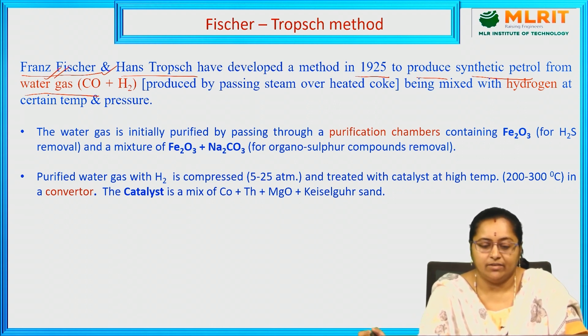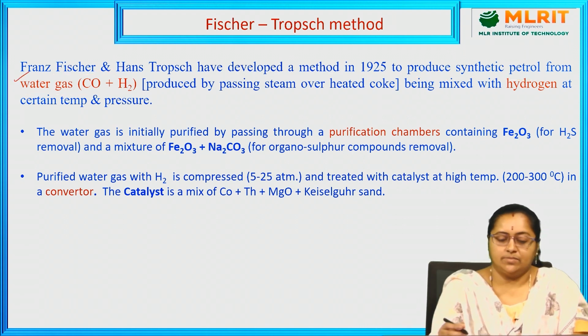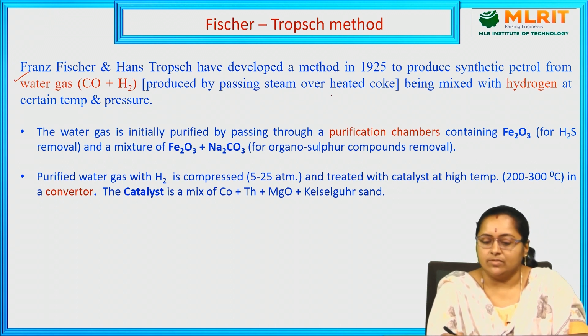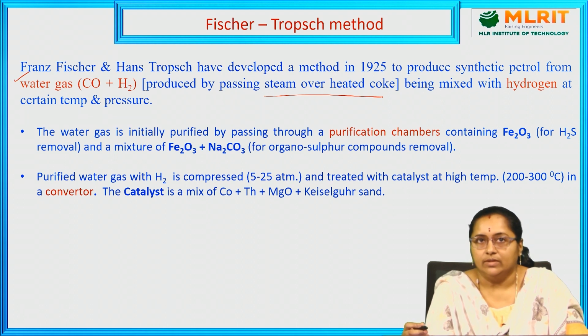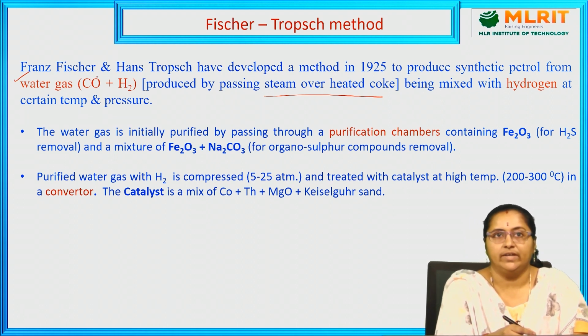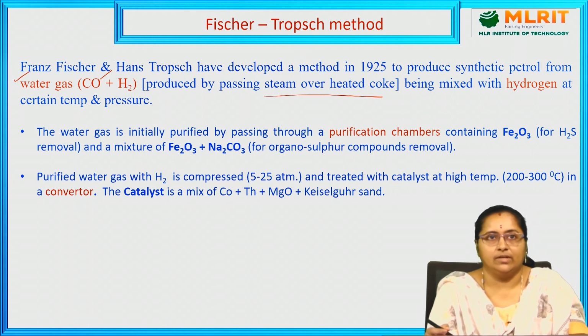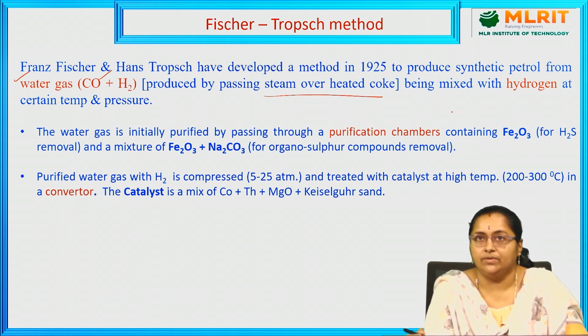Water gas is produced by passing steam over heated coke. If steam is passed through heated coke, it generates CO plus H2, which we call water gas. This water gas we now use as one of the reactants for producing synthetic petrol.